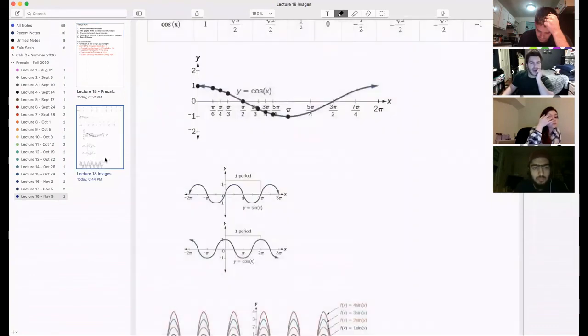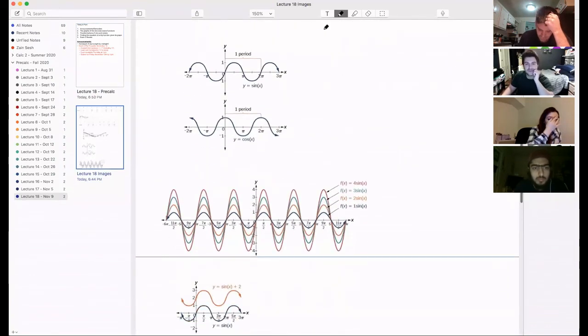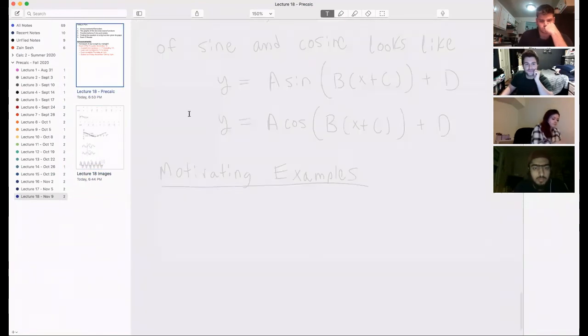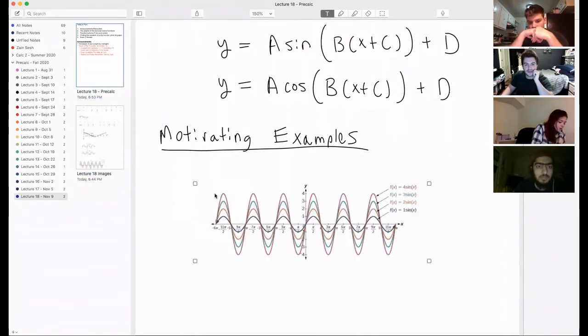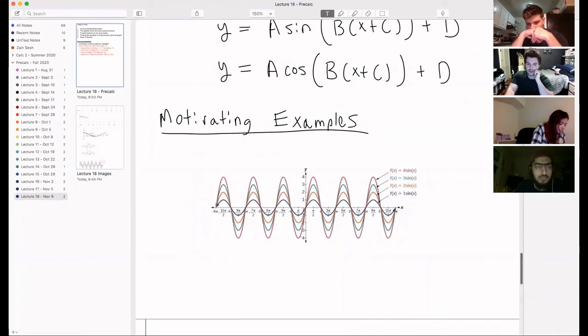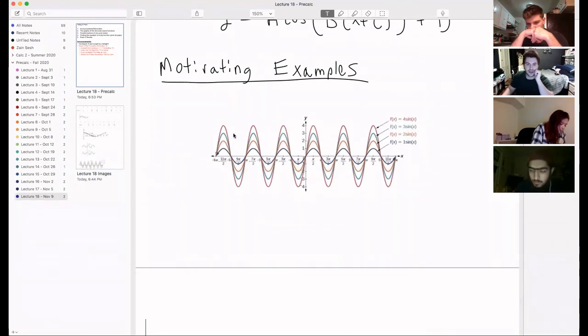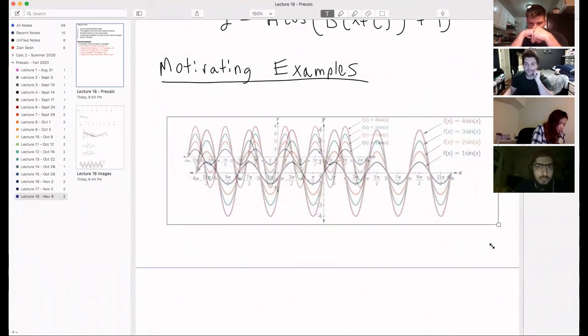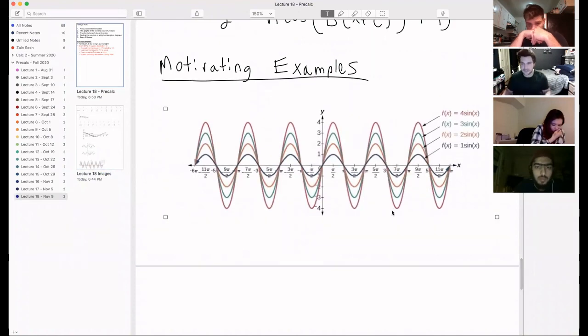Okay, so what do I have here? It looks a little crazy, but it's not. I have four functions graphed: sine of x, 2 sine of x, 3 sine of x, and 4 sine of x.